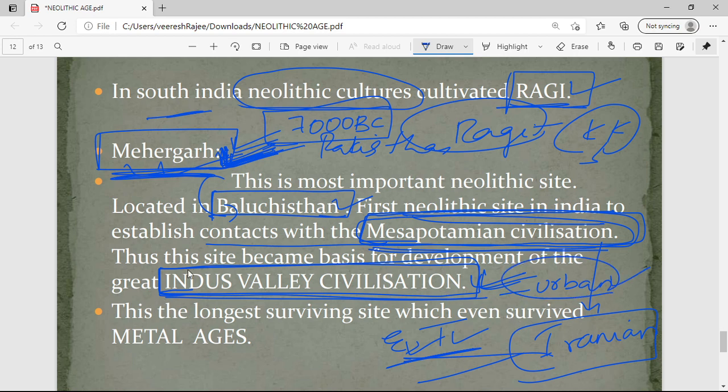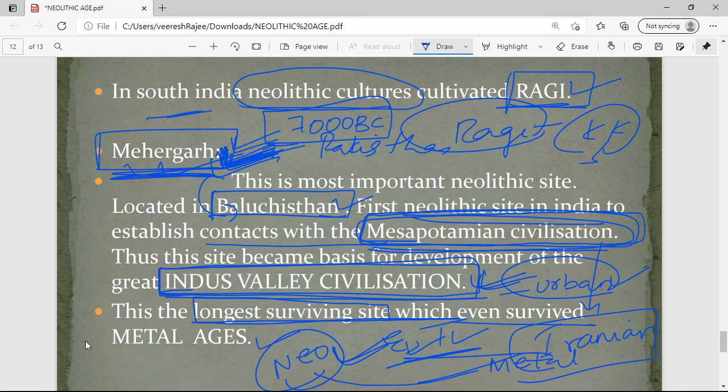Then this Mehergarh is also the longest surviving site, which survived even during the Metal Ages. We have seen that Mehergarh is an important Neolithic site, right? But it was not only a Neolithic site, it survived the Neolithic age, then it even survived the Metal Ages. So what were these Metal Ages?